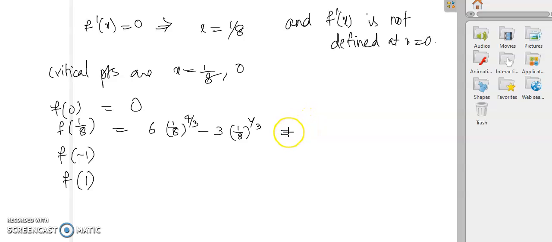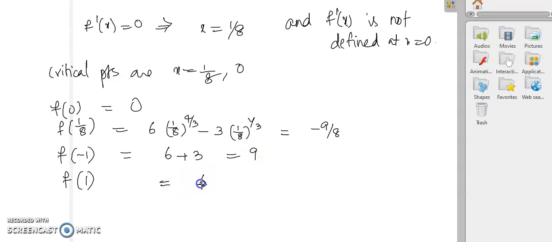Upon solving you will get −9/8. f(−1) will be 6 + 3, so that will be equal to 9.